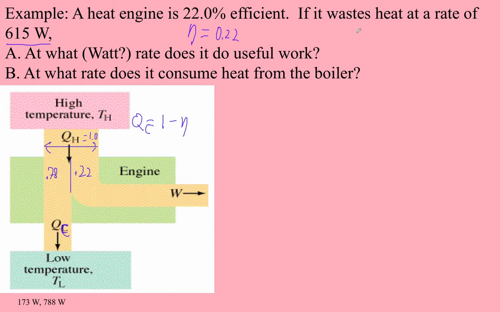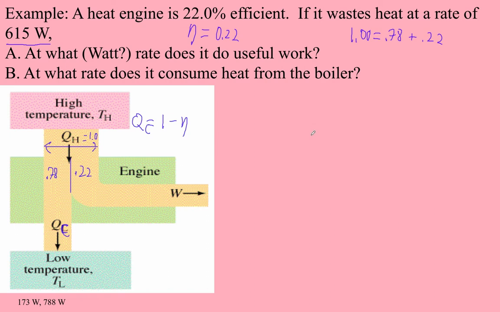So what I'm saying ultimately is that 1.0 is equal to 0.78 plus 0.22. This is the ratio of these, right? If we put in 1 joule, we would get 0.22 joules of work. We get 0.78 joules of wasted heat. It's only 22% efficient. If I put in 100 joules, I get 22 joules of work, 78 joules of waste, right?